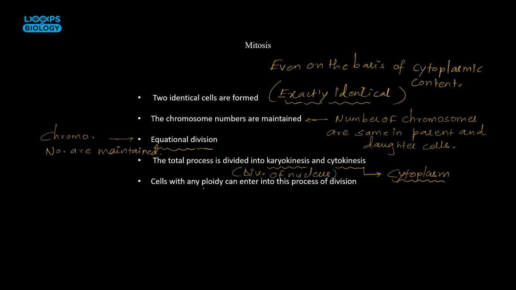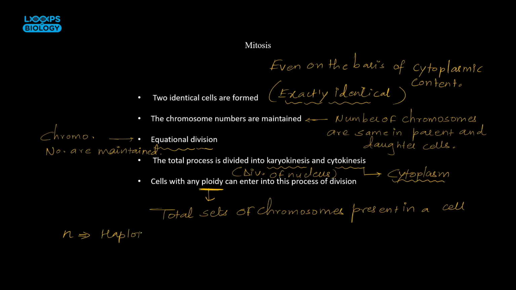If I am talking about the ploidy, it is nothing but total sets of chromosomes present in a cell. If suppose the set is only 1, this condition is called as haploid.